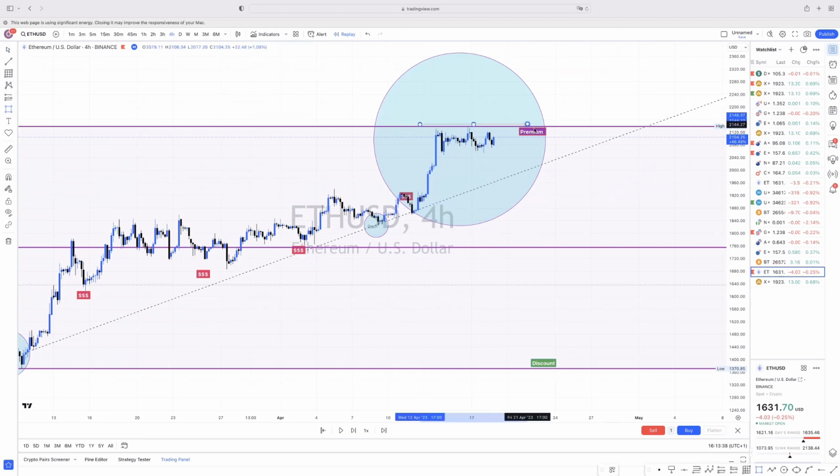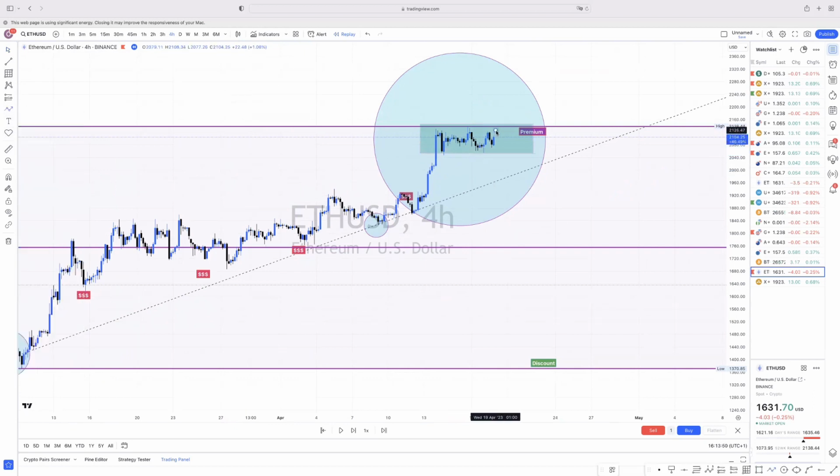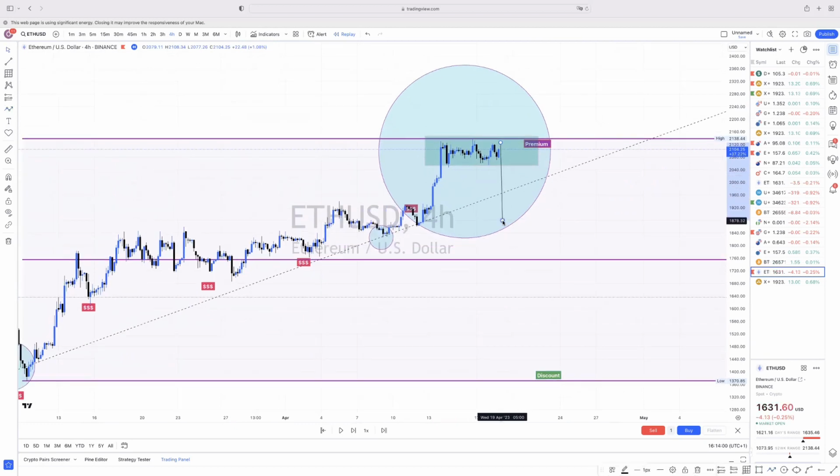So I would like to stay away from this kind of market until I see a sudden closure below the trend line, or below anywhere here. Once I see a closure below here, especially, I'm watching out for a closure below the trend line. That's what is even important to me.